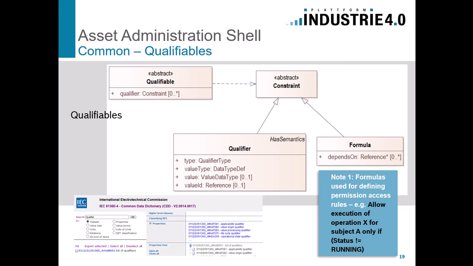A formula might, for example, express that a subject who wants to access a submodel, or to execute an operation X, is only allowed to do so if the machine is not running. This means if the status of the machine has a value different from running. Both are possible: qualifiers as defined in ICCDD, or also proprietary qualifiers and formulas.